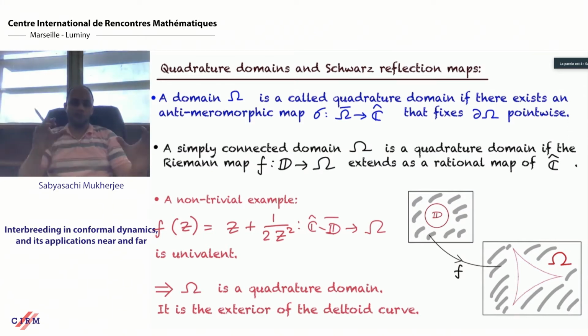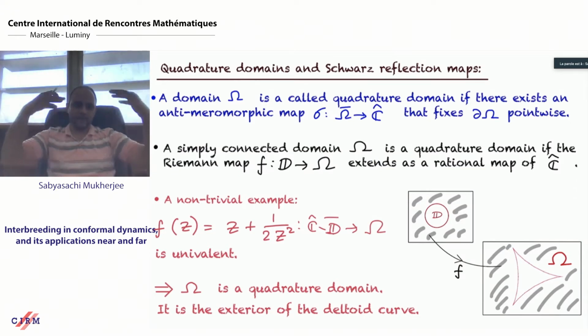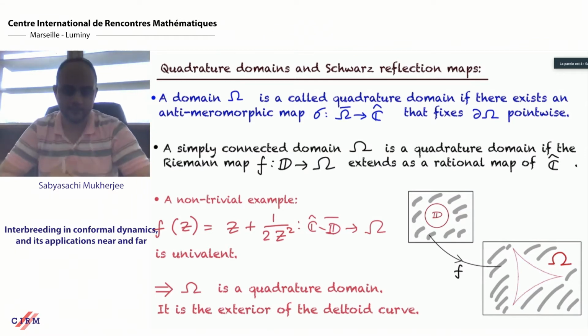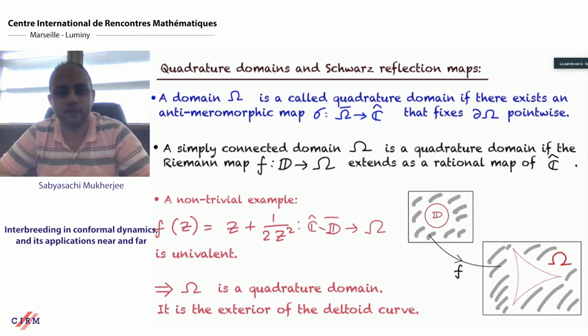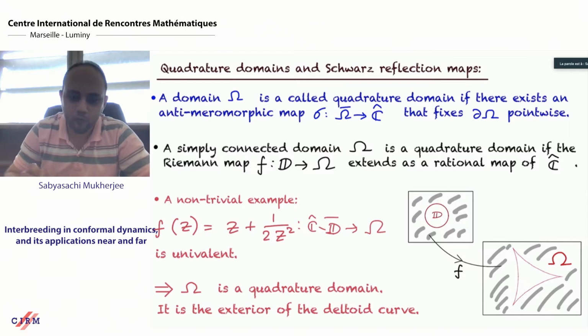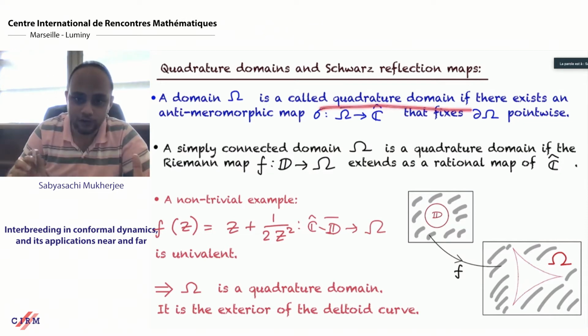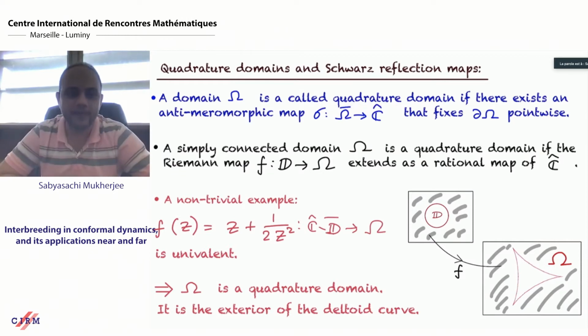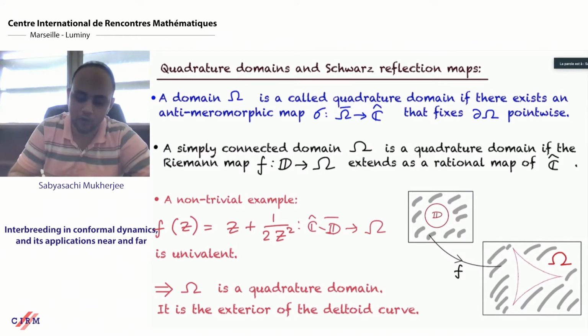Now, if you have a domain with such a boundary, you have the Schwarz reflection map piecewise defined on the boundary. There is obviously no guarantee that these maps will extend analytically to the whole domain. And even if something extends, it doesn't have to be a well-defined continuation. Quadrature domains are precisely those kind of domains for which the boundary Schwarz reflection maps extend antimeromorphically to the whole domain.